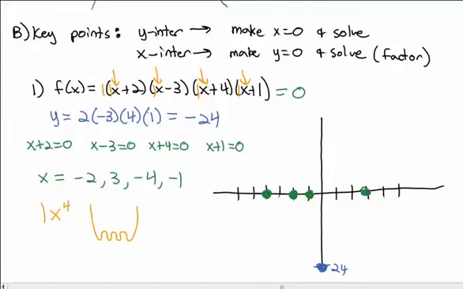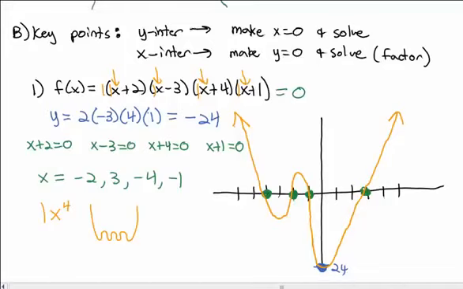So we know the shape. It's going to come in from the top left. It's going to go through the first x-intercept, and then it has to bend back to the next x-intercept, bend back to the next intercept, come all the way down to the y-intercept, and back up. So this graph is going to look something like this.